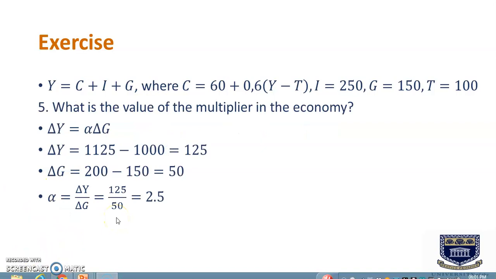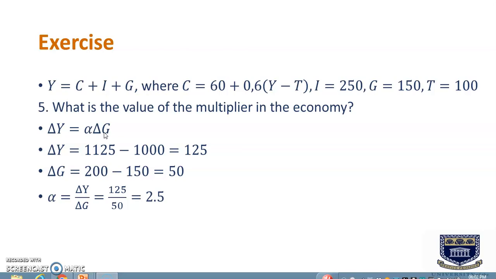The final question, question 5, asks us, what is the value of the multiplier in the economy? So in order to calculate the value of the multiplier, we can express the equation as follows. The change in income, delta y, is equal to the multiplier alpha times the change in autonomous spending, delta A. In this case, the autonomous component that has changed is government spending.